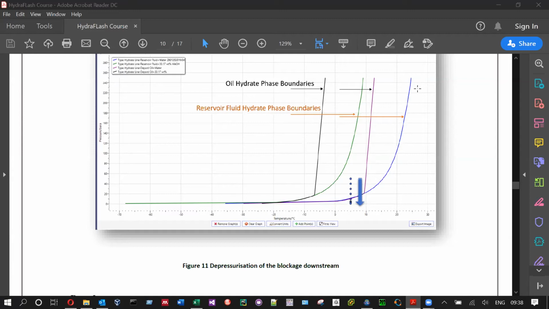The fact that the blockage remains after depressurization means that the source of the problem is less likely to be hydrate.